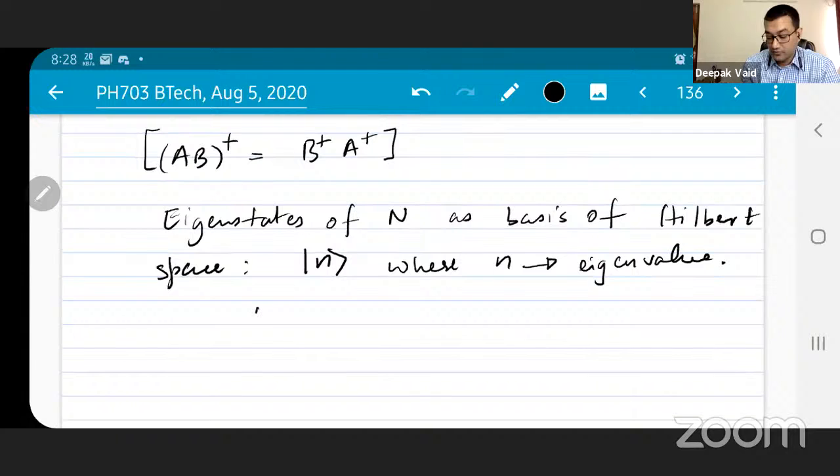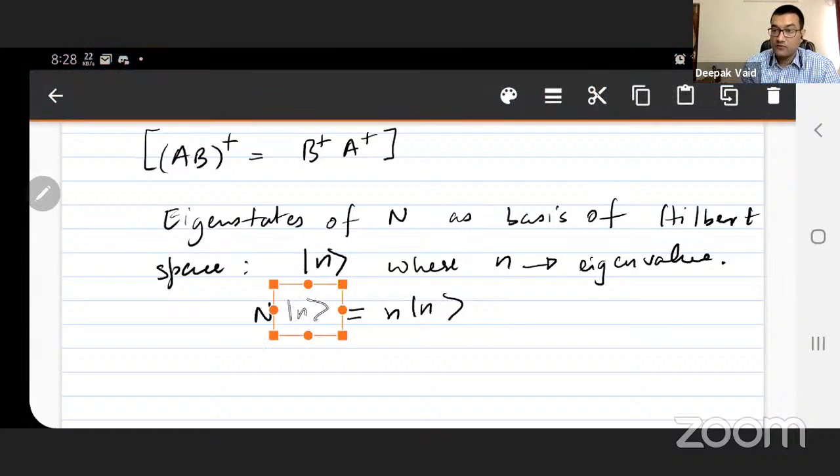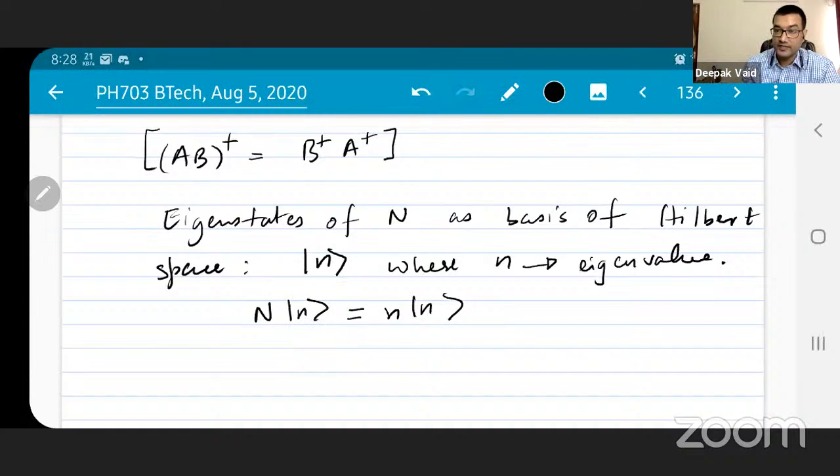So N acting on ket n just gives n times ket n. This is just the statement of the eigenvalue equation. We don't know the explicit form of this n vector yet, but we don't need to.